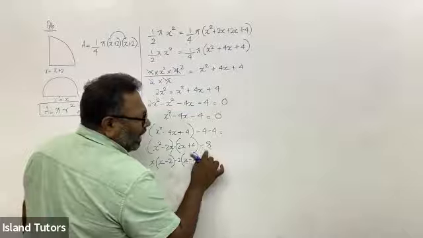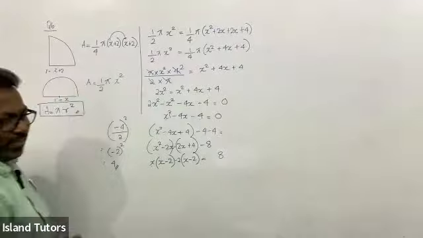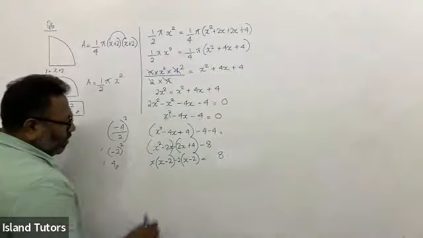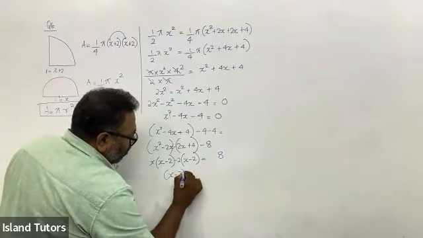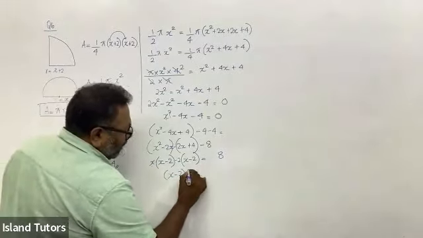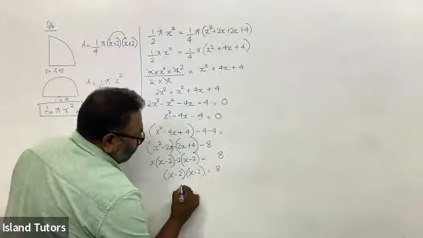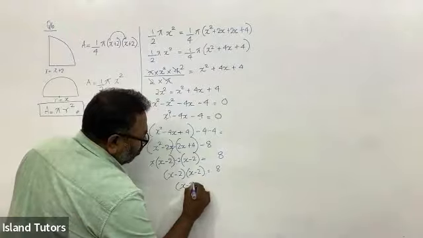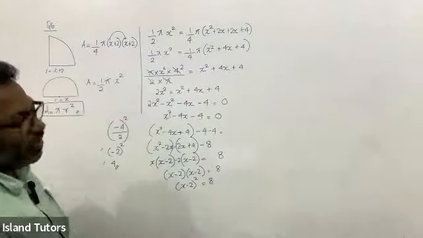This is equal to, I'm taking the minus 8 to this side, it becomes plus 8. Okay, so x minus 2 squared is equal to 8.